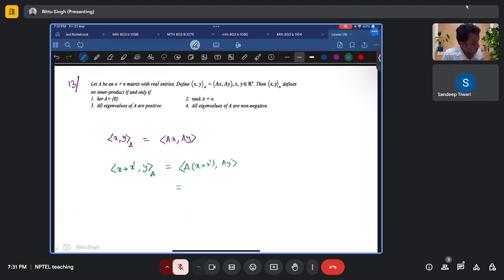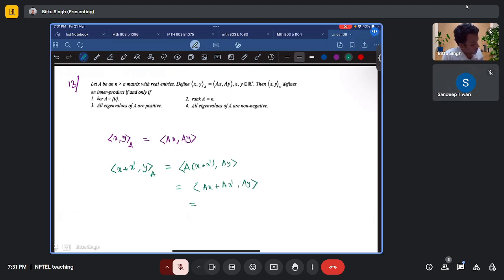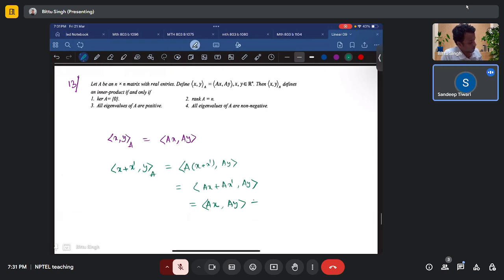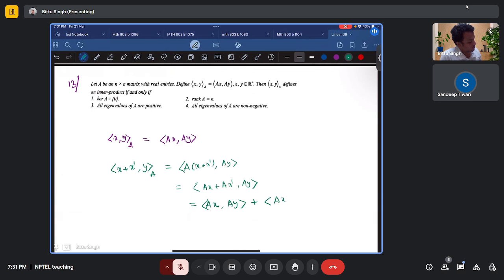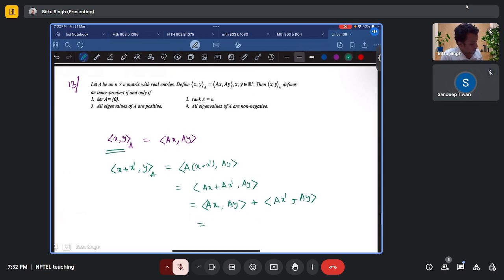So let us see. Ax plus Ax dash comma Ay, by definition, is the same as the inner product in the real numbers. By the distribution we can separate like this, and by using this definition, this is the same as the inner product of x, y plus the inner product of x dash, y.